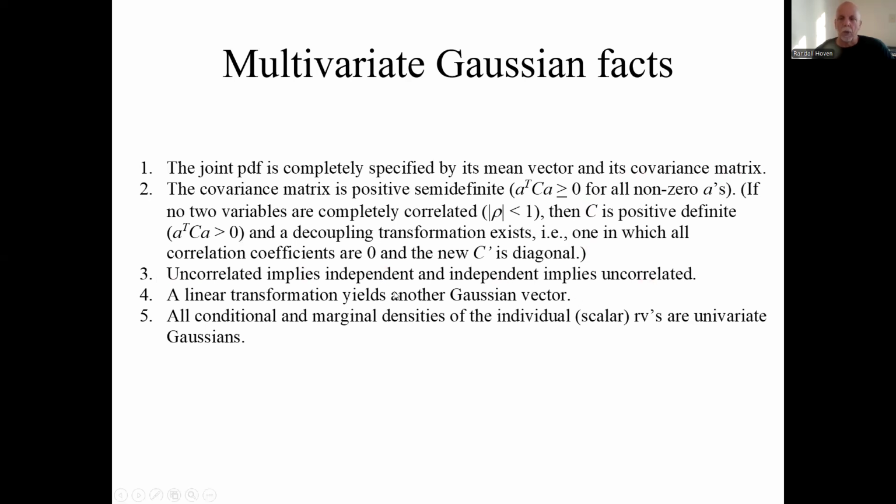Of course, the other way always happens, whether it's Gaussian or not. Any linear transformation of a Gaussian yields another Gaussian. And all conditional and marginal PDFs of the individual random variables in a Gaussian random vector are univariate Gaussian. Every single one is a Gaussian. So anyway, that's a quickie on the multivariate Gaussian. Cover it somewhere.